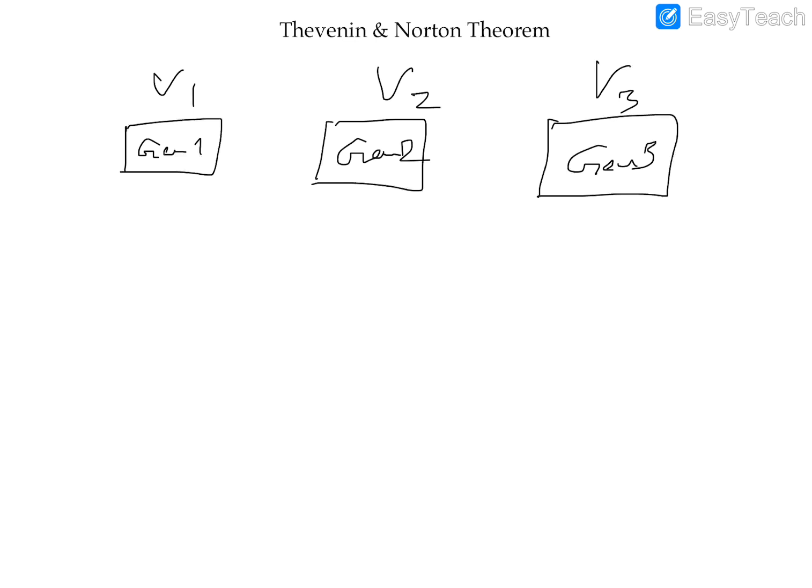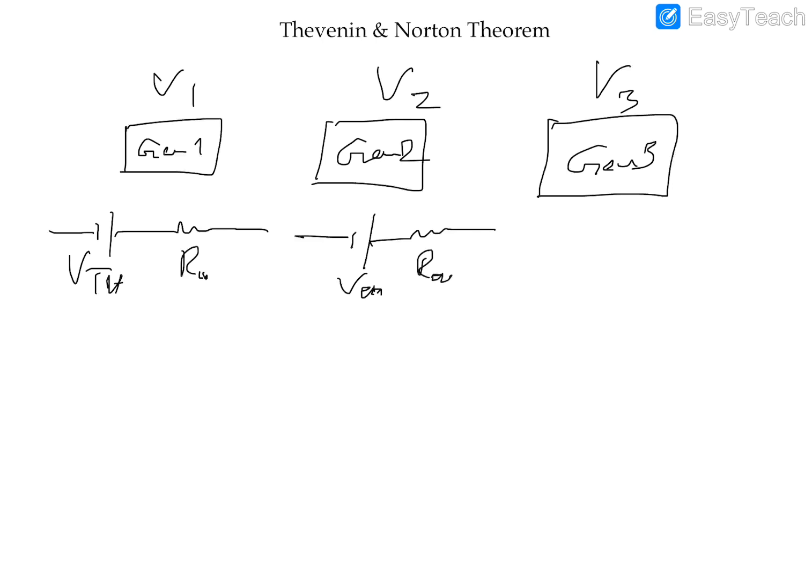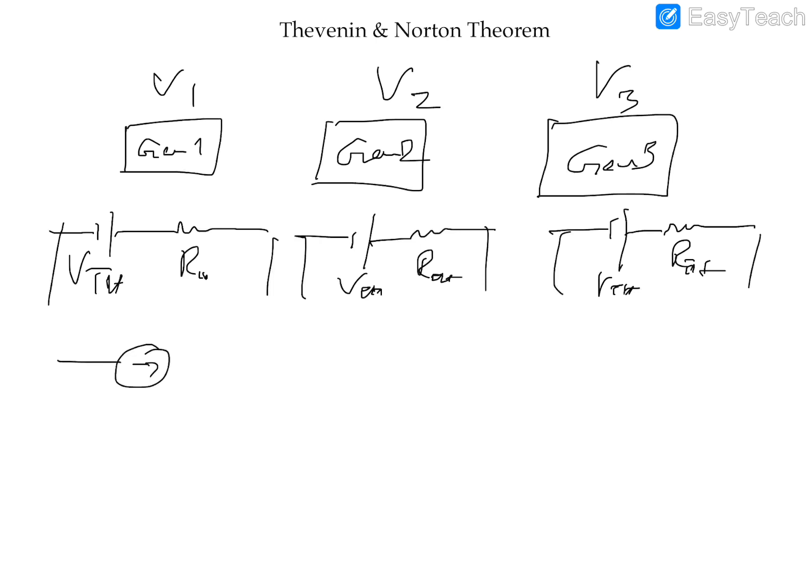So one way to do this is you can convert this to a Thevenin's voltage and this to, so you can get the equivalent Thevenin's circuits, or better yet, you can get Norton circuits here.